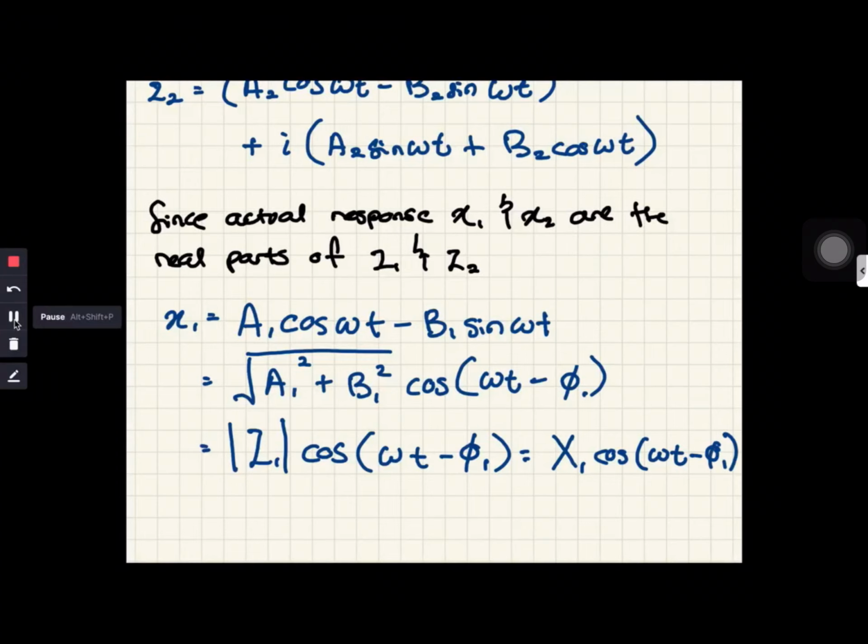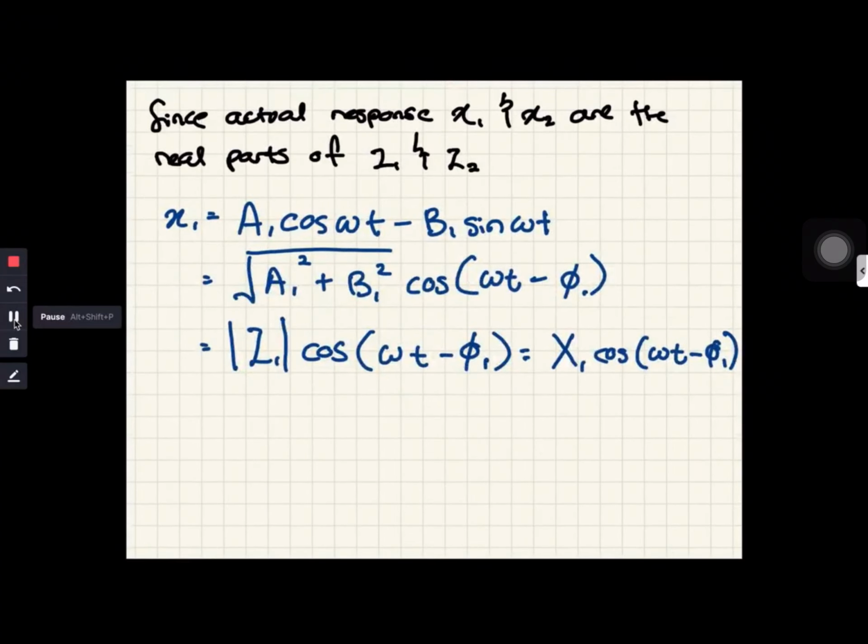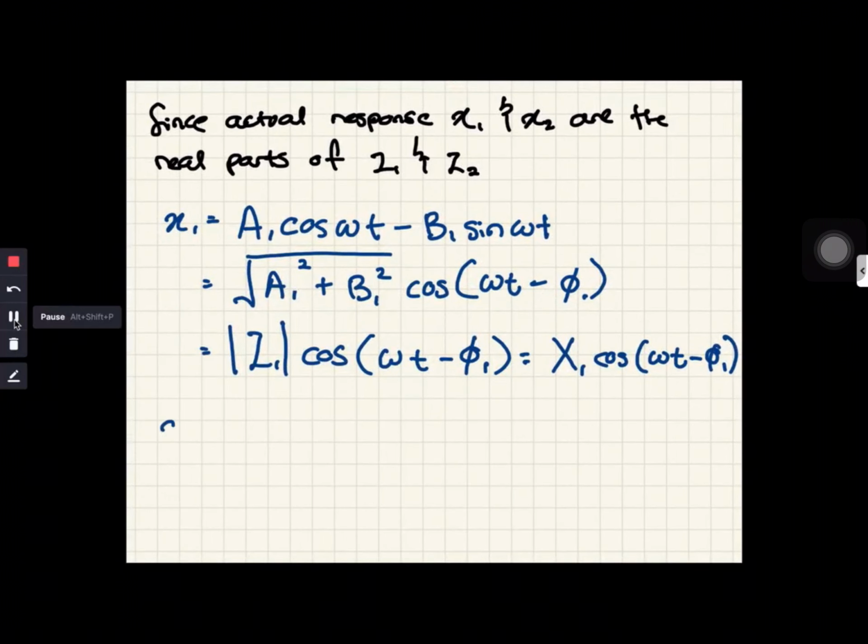Okay, so we do the same thing. I'll just do a shortcut here. We'll do the same thing with x2, with A2 and B2, and also phi 2.